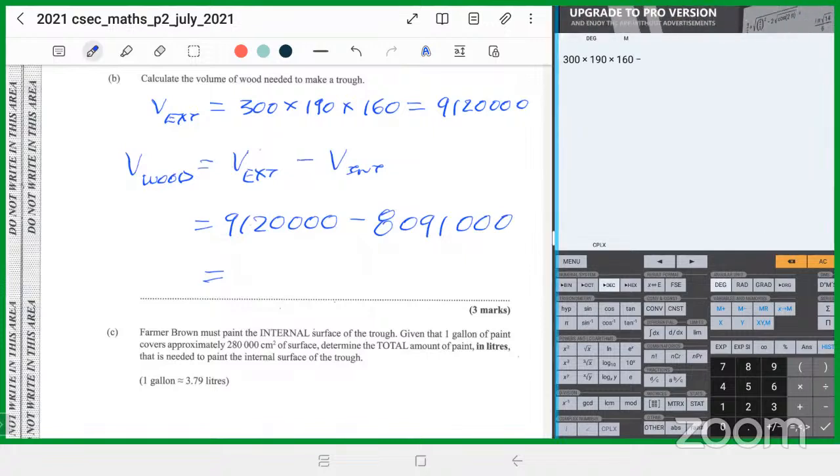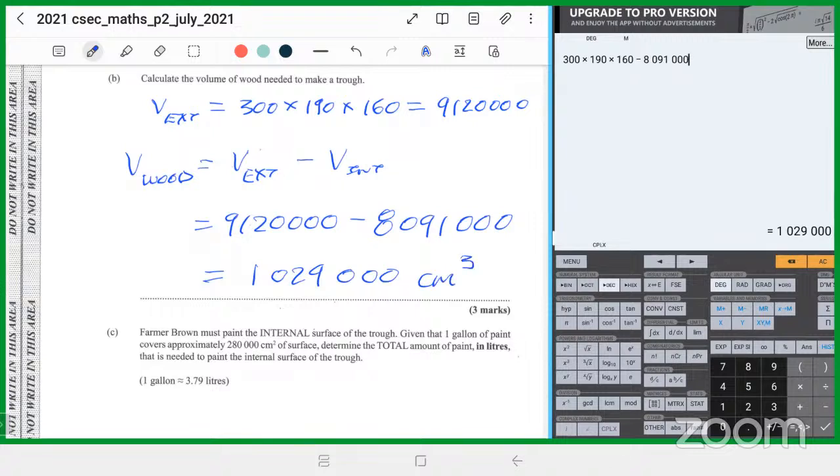What we could have done instead of calculating the volume first, we subtract, 8091123, and it would have been 1029123 centimeters cubed. That is the volume of wood in that box. Questions like this come up all the time.